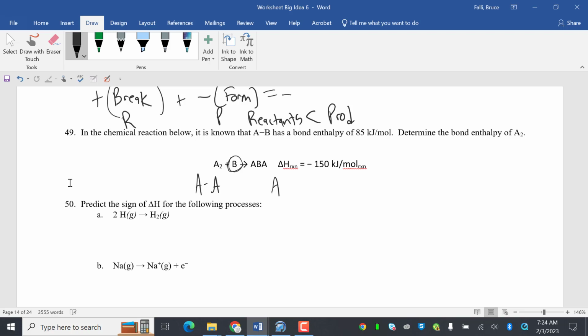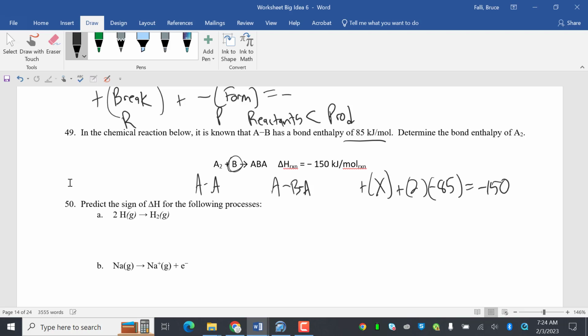And then I have A to B to A. So what has to happen here is I have to break, I'm going to call that X. And then plus, these are forming: 2 times negative 85.